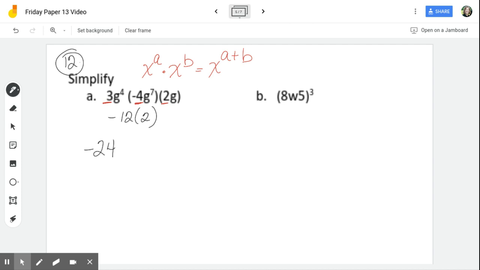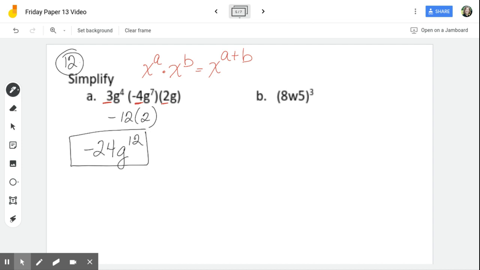And so now I have g. And I'm going to take the exponents that are with the g and I'm going to add them. 4 plus 7 is 11. 7, 8, 9, 10, 11. Plus 1 is 12. So I have negative 24 g to the 12th power. And that's my answer for number 12a.